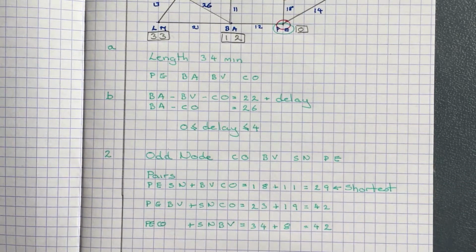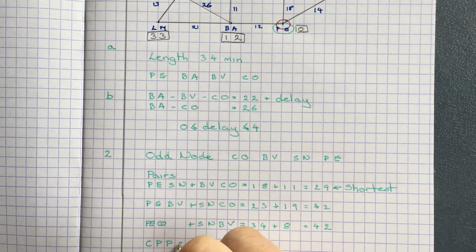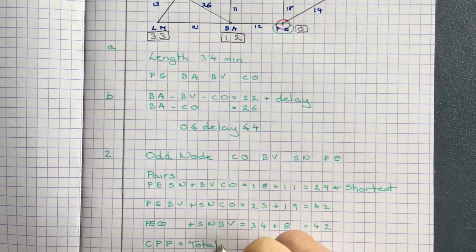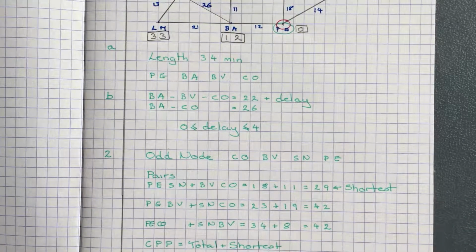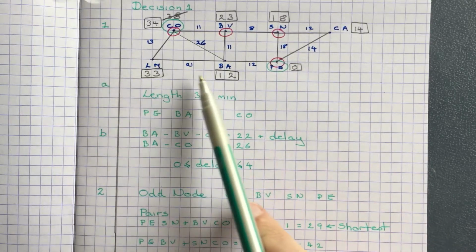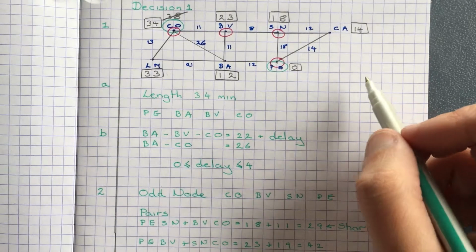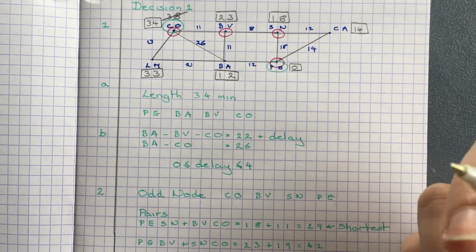So Chinese Postman problem is the total plus the shortest. So there are 2 options. Either somewhere round your diagram it will have the total time taken for all is this, or they'll give you a mark for adding it up.